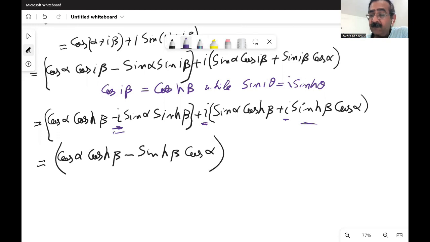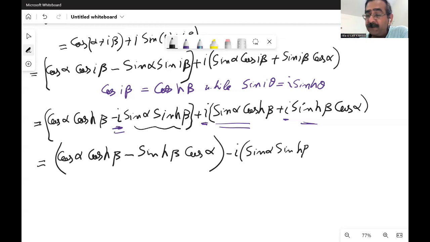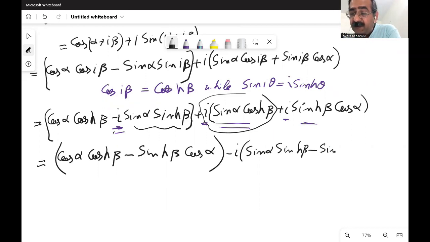this minus and this. If we take a minus i common, minus i, if I take minus common from this, it becomes minus sine alpha sine hyperbolic beta, and this i will be multiplied with this, and this is a plus term, but when I have taken the minus i common, here will be a minus sine alpha cos hyperbolic beta.